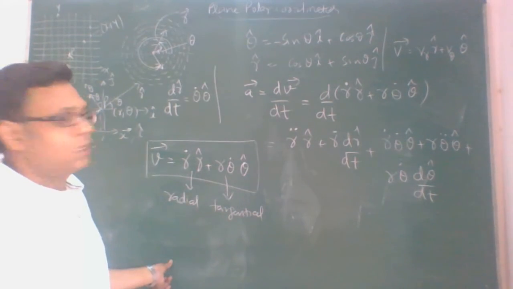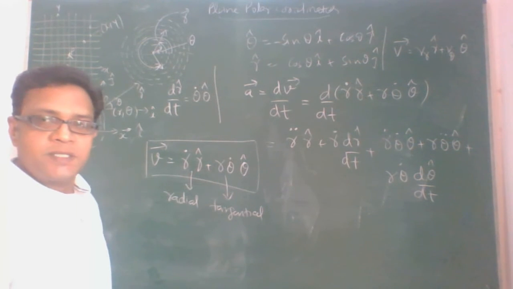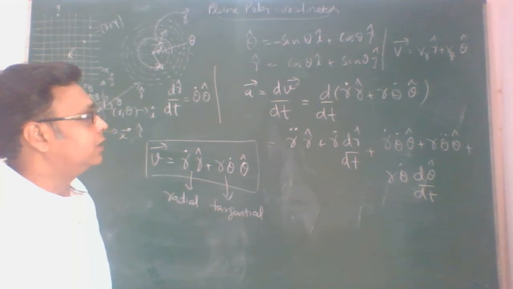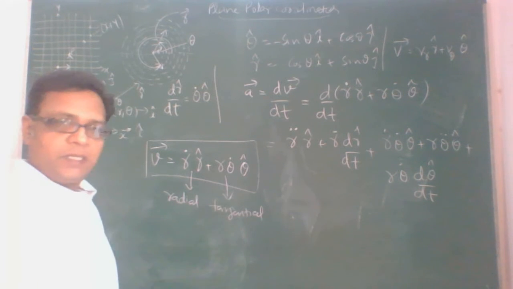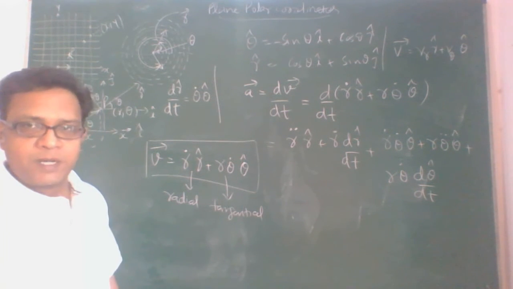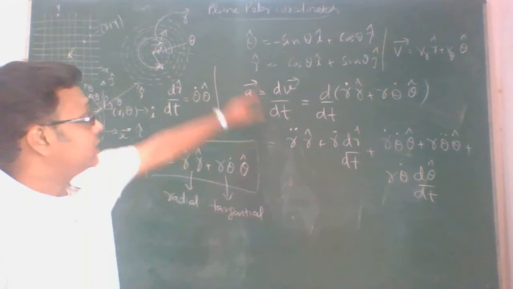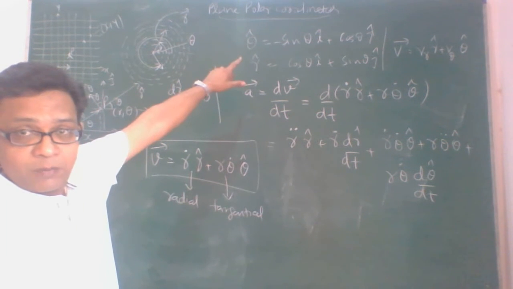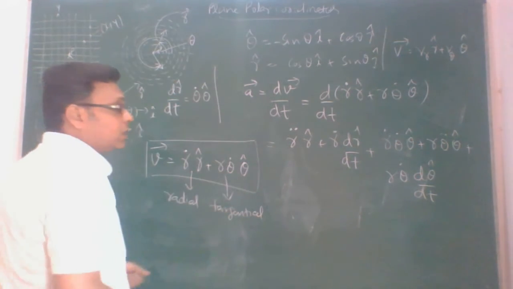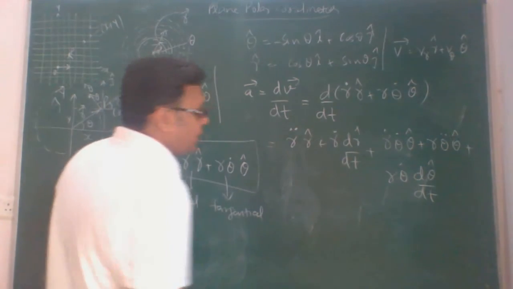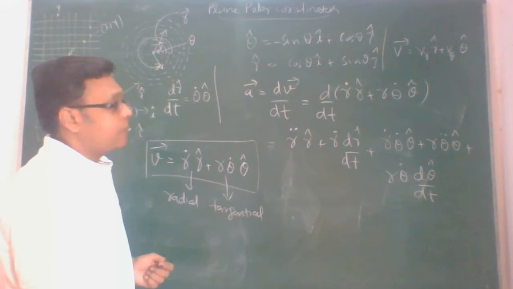Interesting. So I hope it is easy for you to understand that we have done nothing but expand the differentiation over all the parameters available. We know already that theta cap is also depending upon time. We can see from the expressions as well. Theta is depending upon time, so theta cap also has to depend upon time. So now I have one new thing coming here, d theta cap over dt.